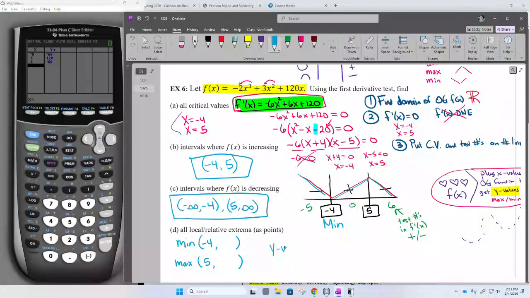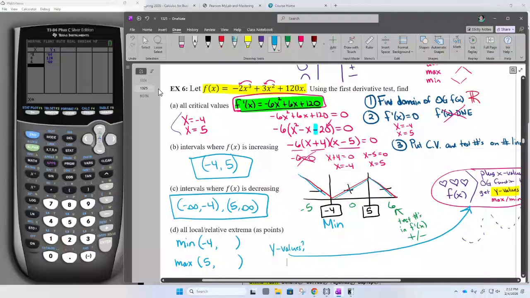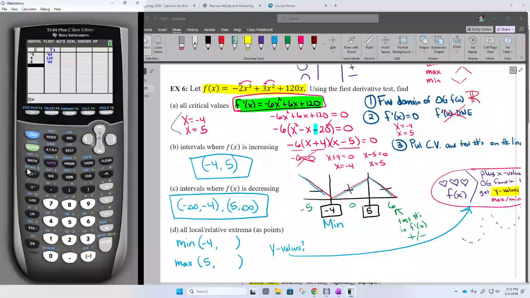How do we find the y values? Well, go back into our original function. That's what the original function does. It gives us y values. So the original function I have in yellow right there. I'm just going to go to y equals real quick and type it in. This is, to me, the quickest way to do it. So -2x cubed plus 3x squared plus 120x.